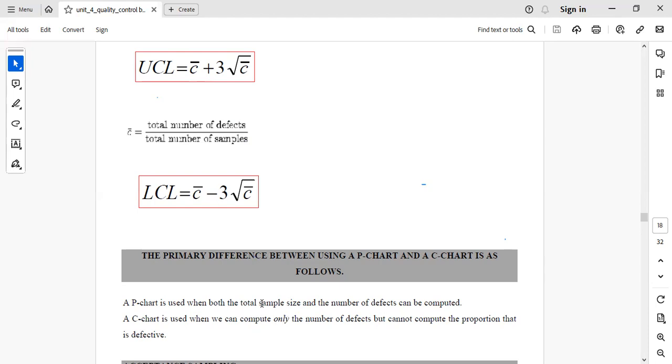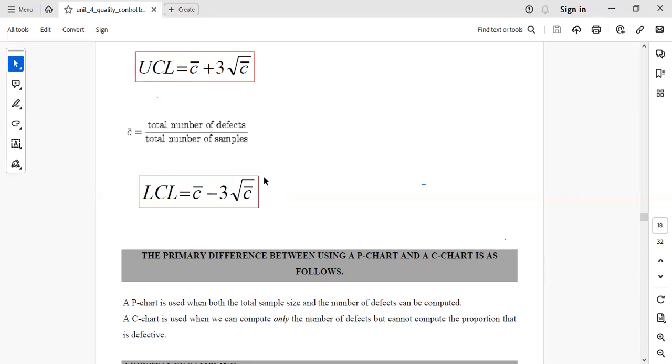Why? Because we might not be able to get exactly the total sample size. We can only know how many defects we can see, we can observe. But we don't know the sample size, or we cannot even get a sample in some cases. With that difference, you can easily differentiate the two.